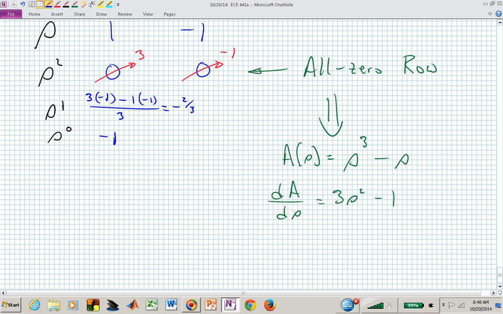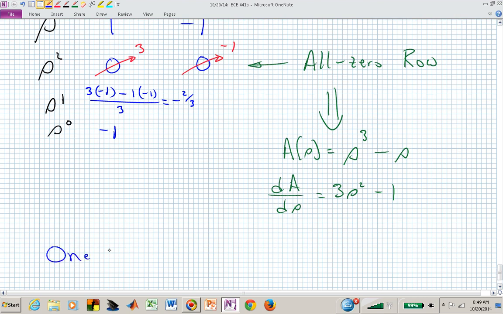We have 2 negatives, 2 positives, but they're in the order such that we only have 1 sign change. What's that tell us? So we have 1 root in the right half plane.